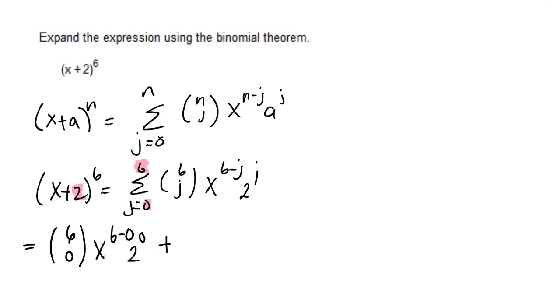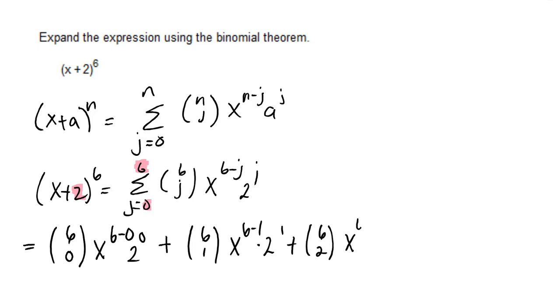Then I'm going to do the same thing with j equals 1: 6 choose 1, x to the 6 minus 1 times 2 to the 1. Then j equals 2: 6 choose 2, x to the 6 minus 2 and 2 to the 2. Plus 6 choose 3 times x to the 6 minus 3 times 2 to the 3.